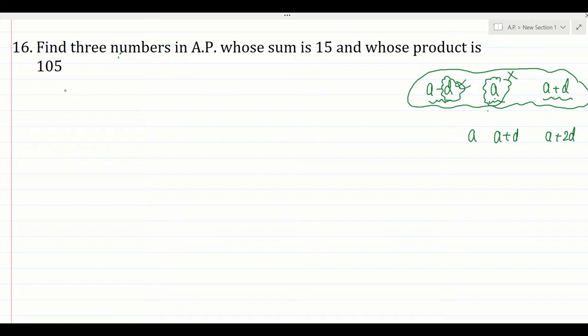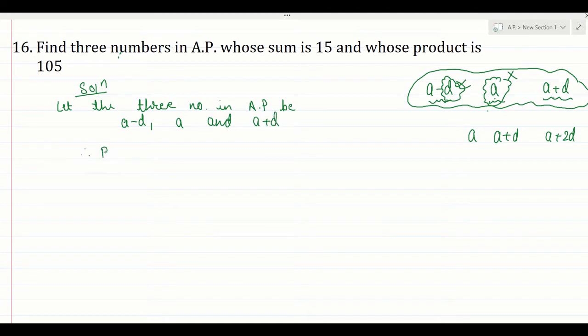Okay. So solution, you will say let the three numbers in AP be A minus D, A and A plus D. Is this clear?